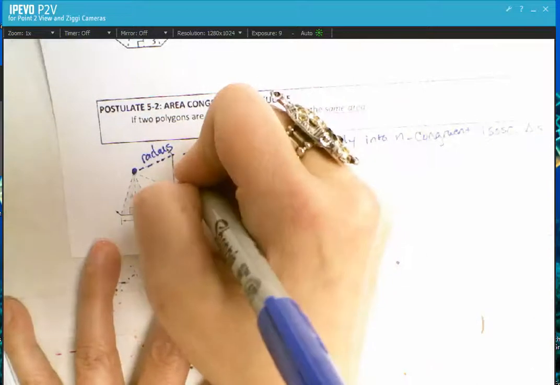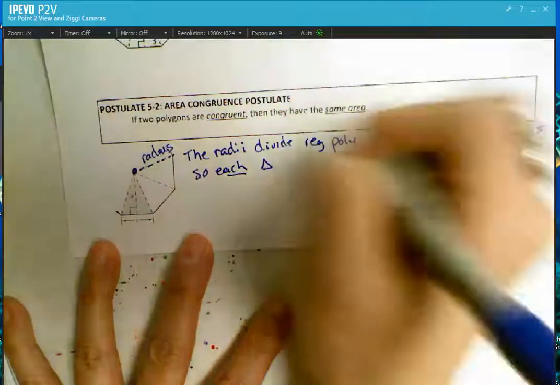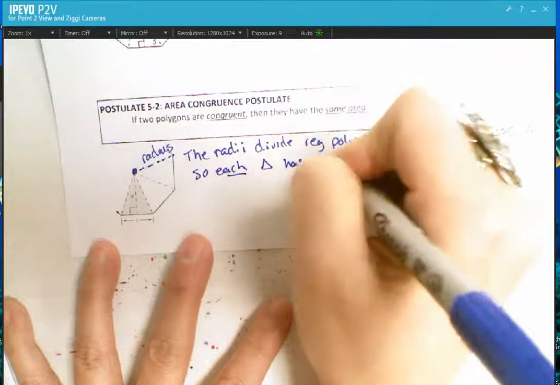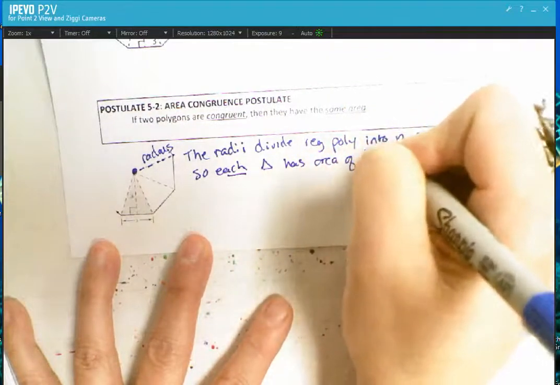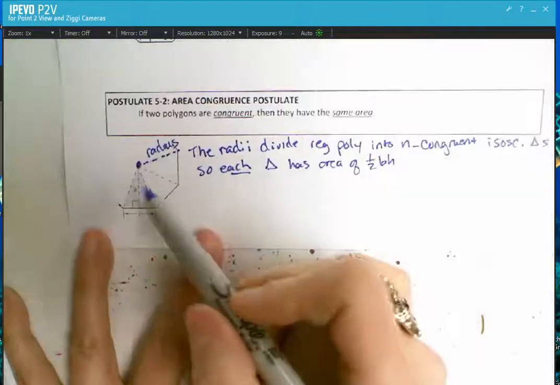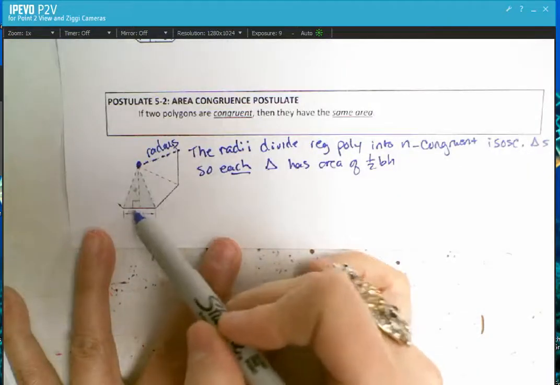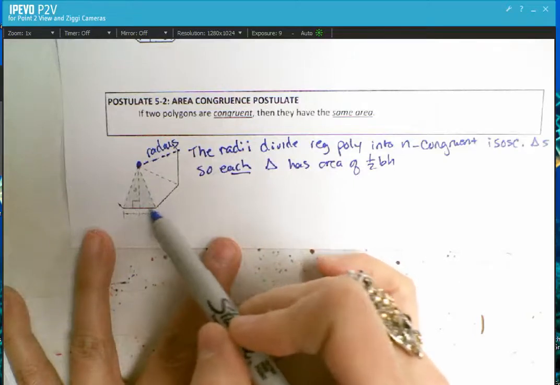So we know that each triangle has area of 1/2 base times height. If we look at our base times height, our base is our side length, so we can replace b with s.